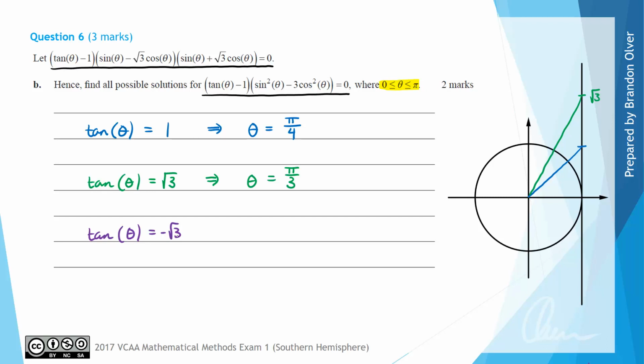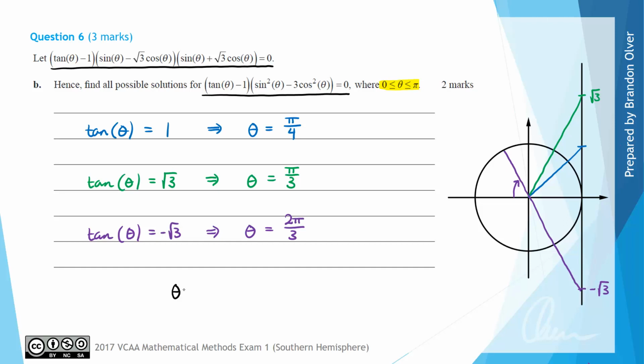The third thing we need to do is consider tan theta equaling negative root 3, which is down here on the tangent line. This angle is also related to pi on 3. However, it would be negative pi on 3, but if we extend it up into this quadrant, it is the same as pi take pi on 3, which is theta equaling 2 pi on 3.